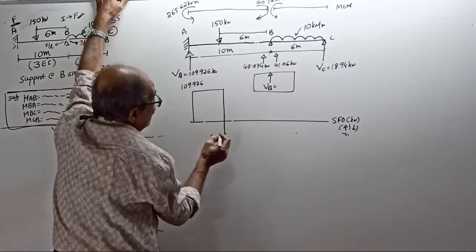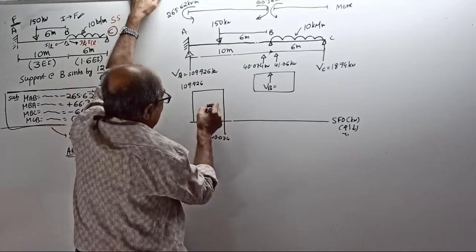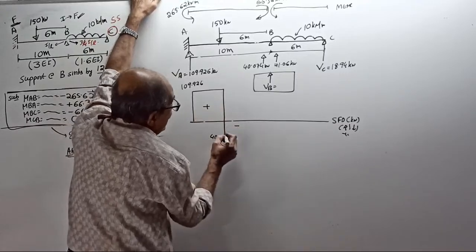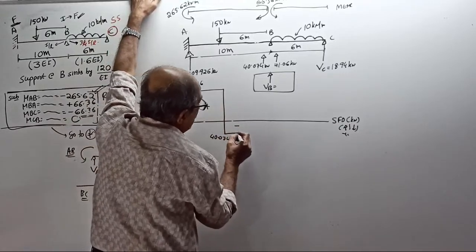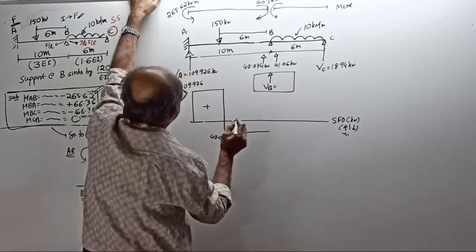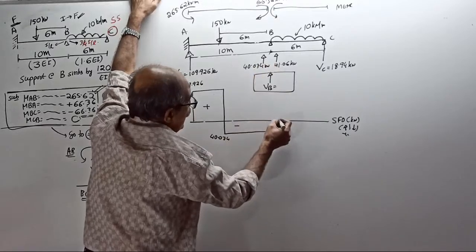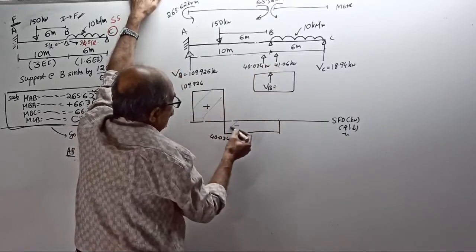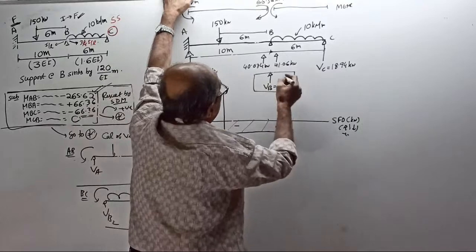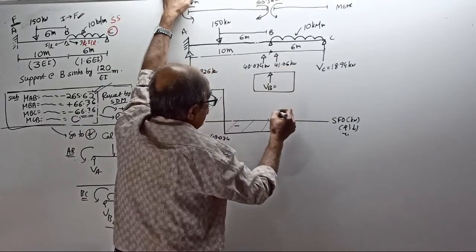Don't write minus here. Some people write plus here, later minus, and again minus. Little common sense required. Then here, go up by 40.074. SFD for AB is over. Then BC, go up by 41.06.